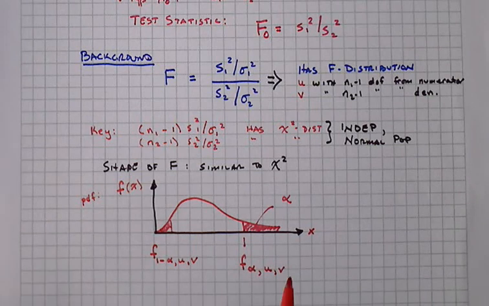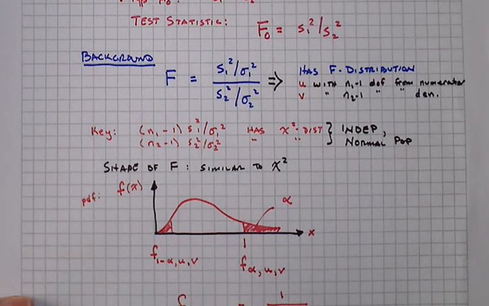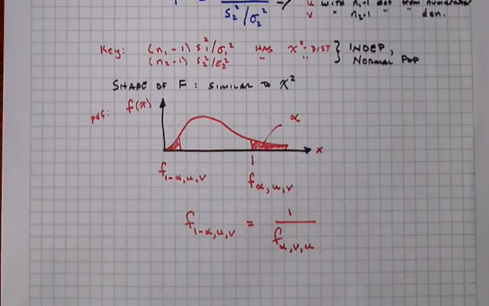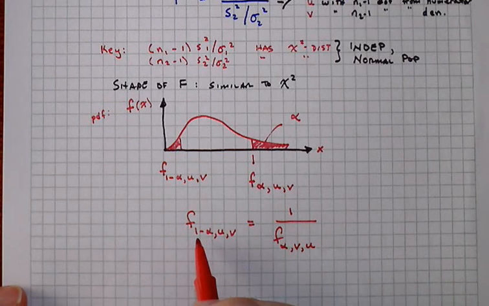But here's the really weird kicker, that f sub 1 minus alpha u v is equal to the reciprocal of f sub alpha v u. So I'll repeat that. F sub 1 minus alpha u v is equal to 1 over f alpha v u.